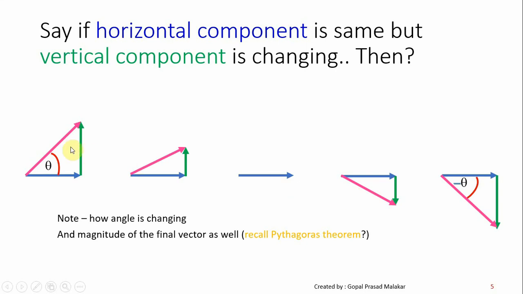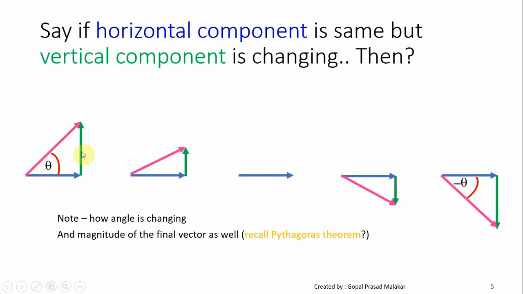So if you look at the resultant vector, the pink line and the horizontal line will be the same when there is no vertical component. Then the pink line increased. So here first it reduced, it became minimum, then it increased, and it increased further. Also the direction changes: it decreased, it became 0, and then it went into the negative direction.